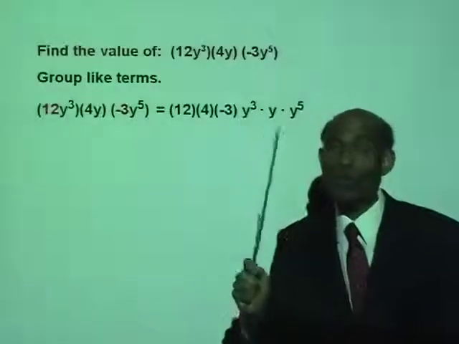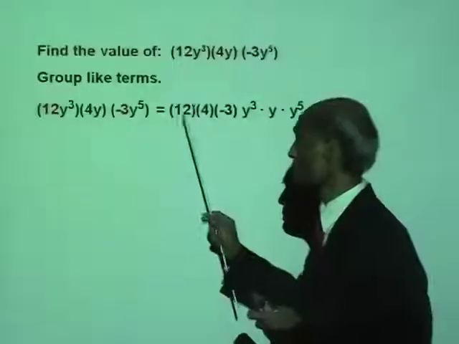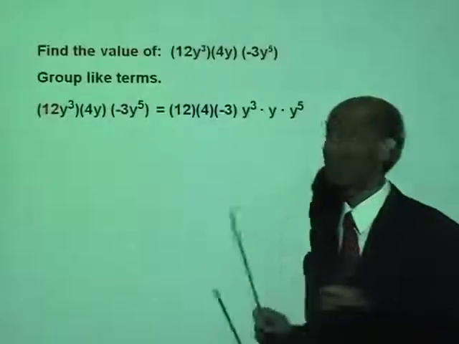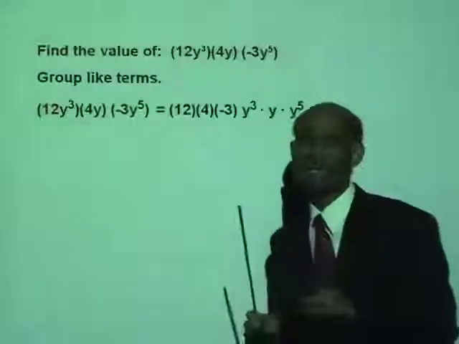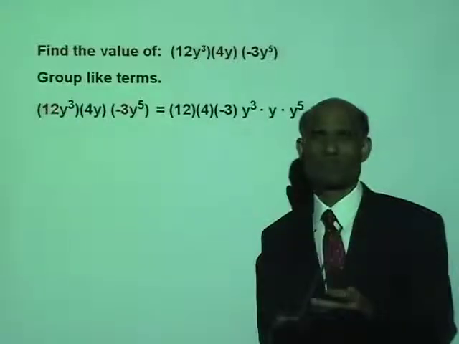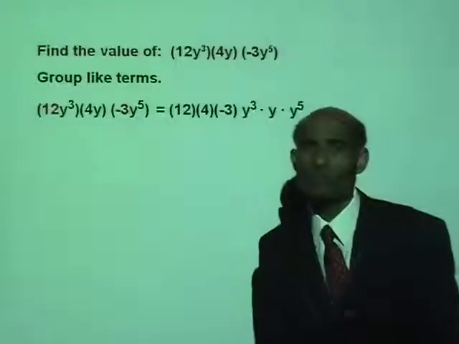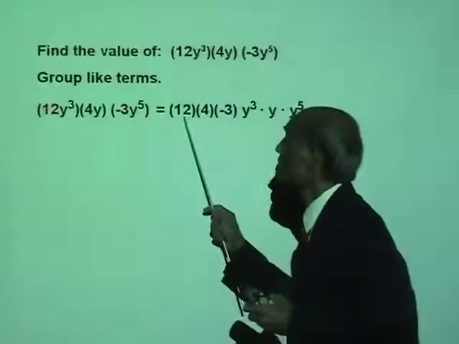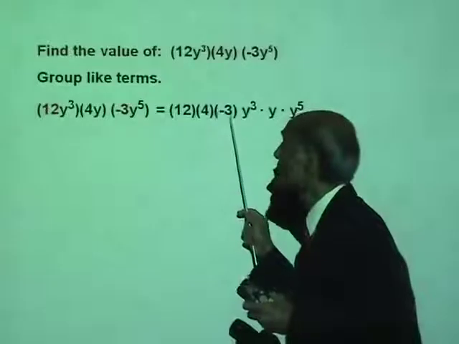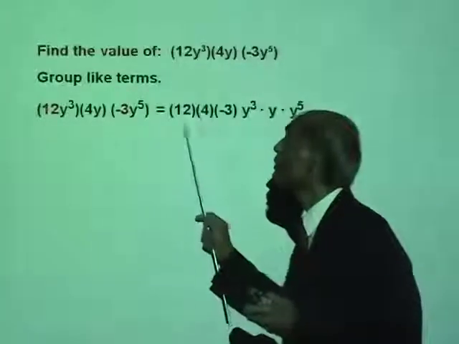Okay, now can you tell me, what is 12 times 4 times negative 3? First of all, what will be the sign of that? 12 times 4 is 48. What is 48 times 3? Is that 144? Yes. So 12 times 4 is 48, and 48 times negative 3 will be negative 144.